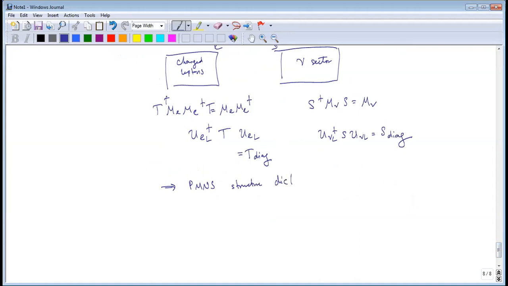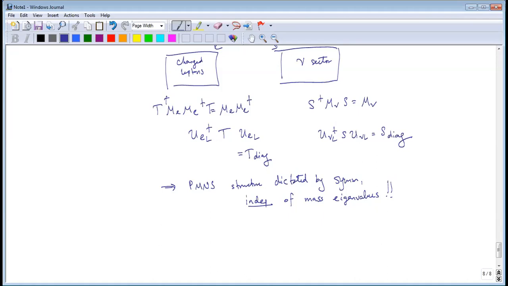This is dictated by symmetries, independent of the mass eigenvalues. And think about how different that is from the quarks. With quarks, we were relating mixing angles to mass ratios, functions of them. Here, in this formalism, they're separated. So, an extremely different paradigm.